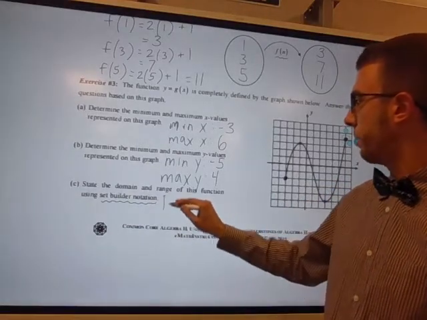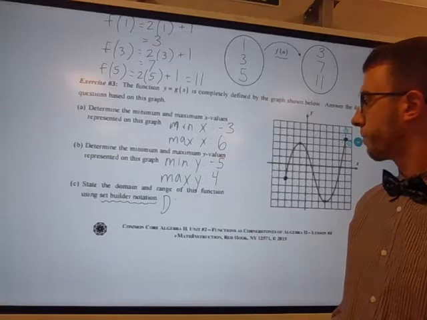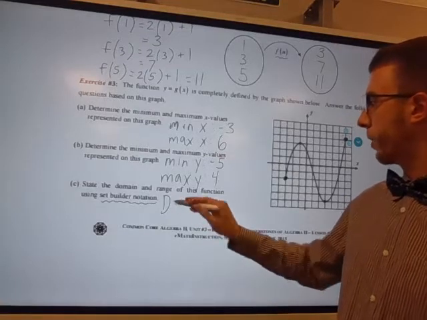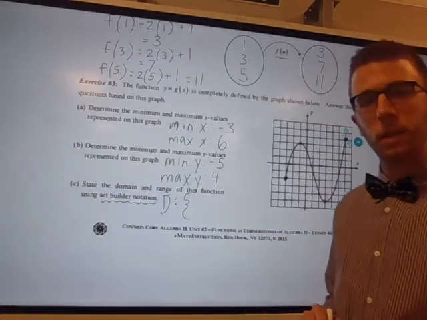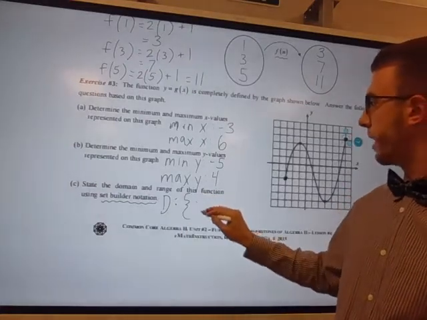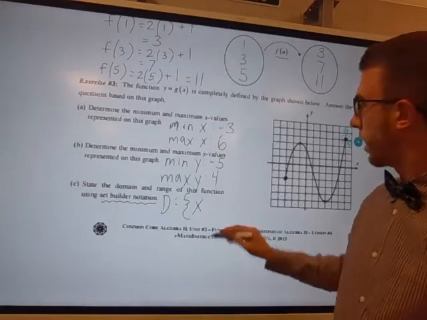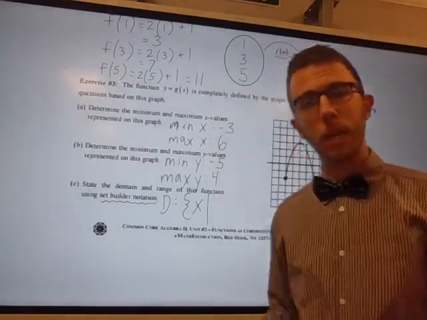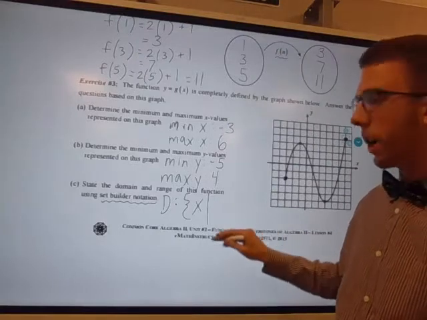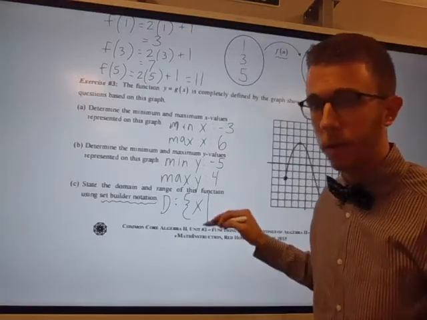My domain. Then a little colon there to say the domain is coming next. Get those squiggly brackets. My domain is the set of all x's such that, you guys remember that term? Such that, that's what this bar is. That is not an absolute value this time.